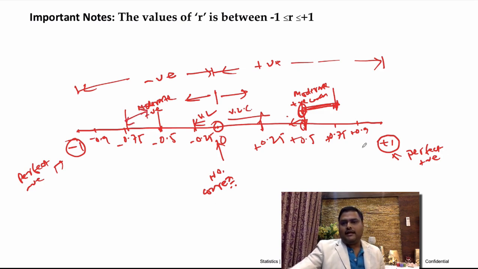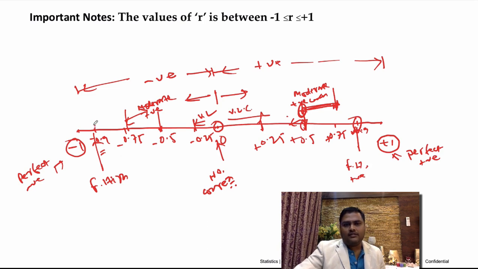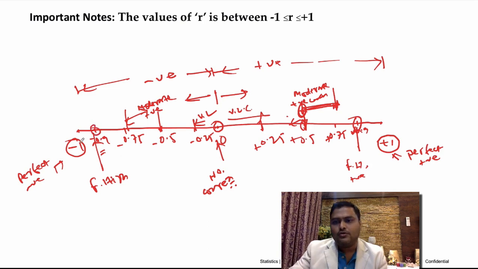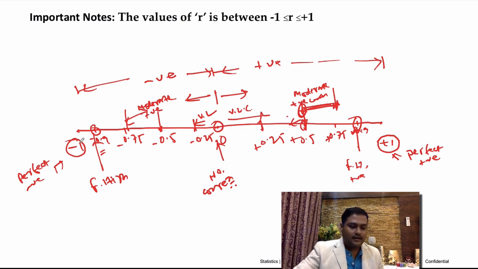Now the moment I get a value of 0.9, I will say it is fairly high negative correlation, fairly high positive correlation. So the moment I am getting a value of 0.9 or close to 0.9, I will say it has a fairly high positive or negative correlation. Clear?